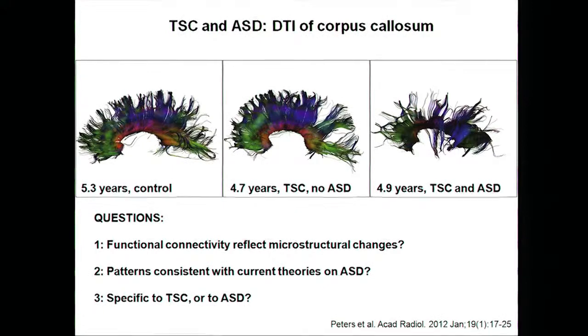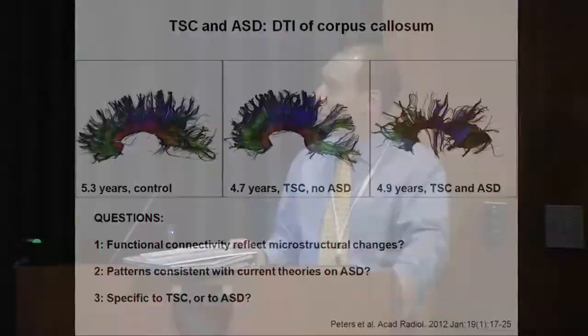And of course I picked the worst corpus callosum to show you, but the structural integrity of this corpus callosum is severely affected. However, when we go from structure to function, we could wonder what is the impact of these abnormal structures and abnormal connections on the function of the brain. When we look at structural connectivity and also at functional connectivity, can we find patterns that are not only specific to tuberous sclerosis but also specific to autism within the tuberous sclerosis population?